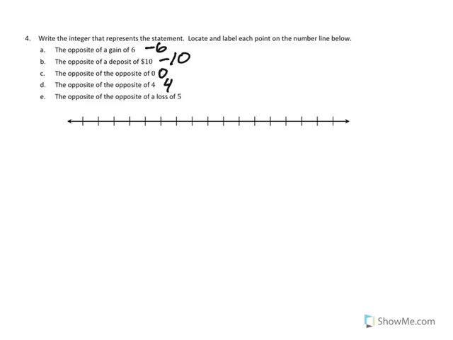It's always the original number, so it's 4. Letter E, the opposite of the opposite of a loss of 5. Well, you have to know that a loss of 5 means negative 5. And when you have the opposite of the opposite, it's just going to be the original number.